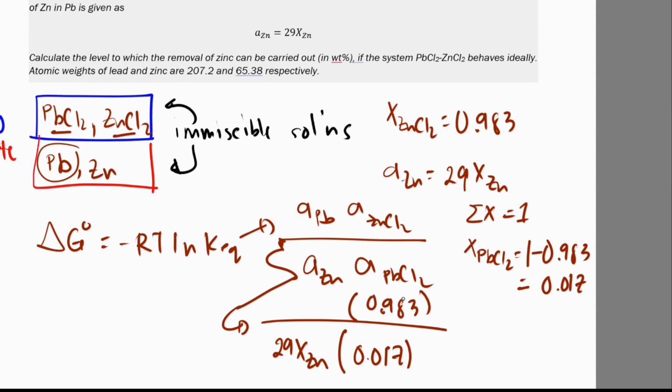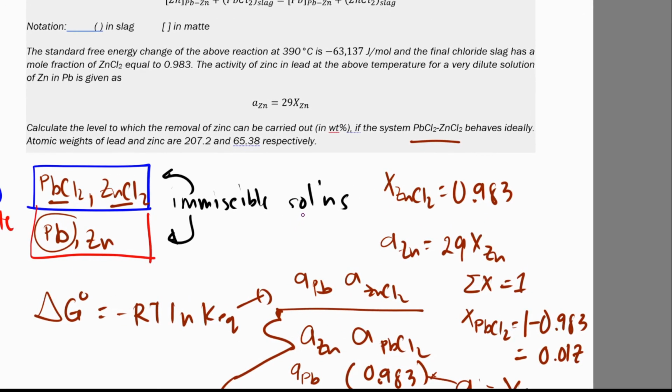Recall, the problem also said that PbCl2 and ZnCl2 behave ideally. So in this case, activity is equal to the mole fraction, for zinc chloride and lead chloride respectively. And the activity of lead we can get from something said in the problem. We have a very dilute solution of zinc in lead. So this implies that zinc is much less than lead.